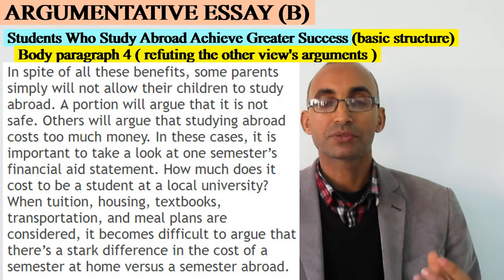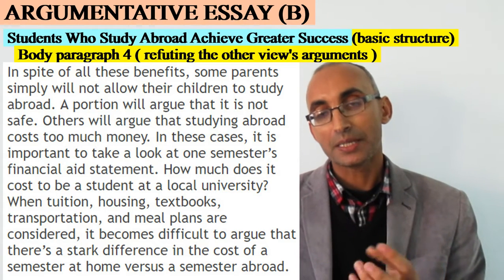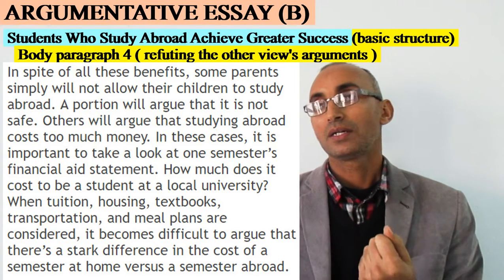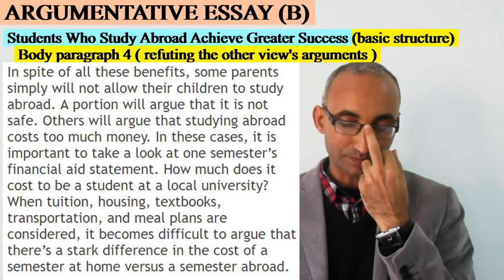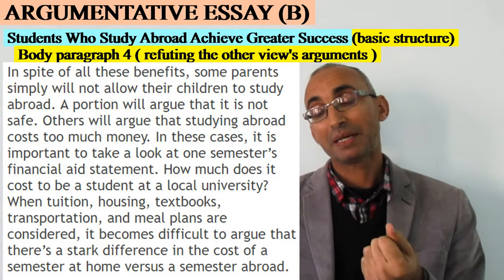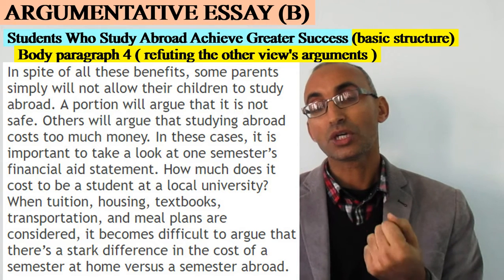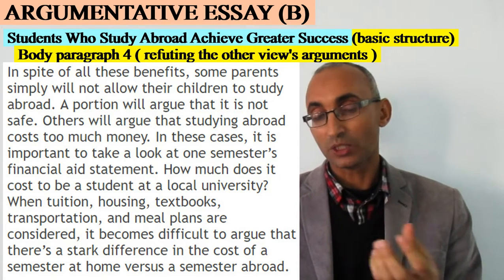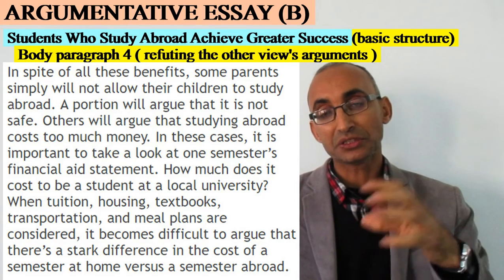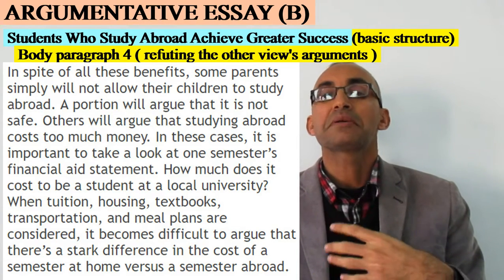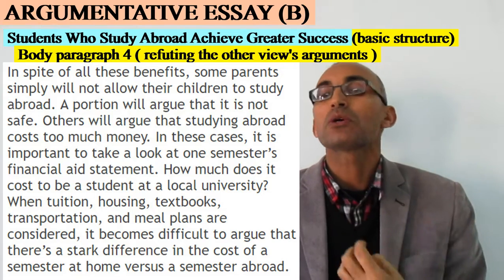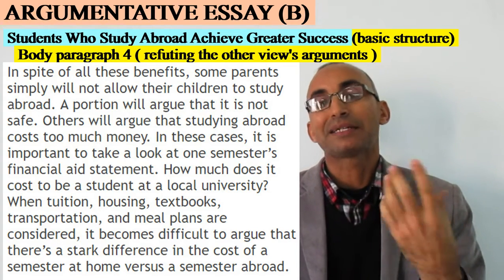It means if you calculate the expenditure and the cost of living and studying in local university, you will find the same like when you study abroad. So go abroad and study, it's better.